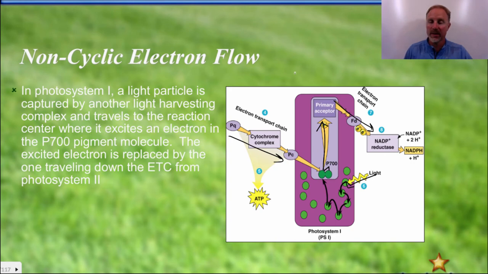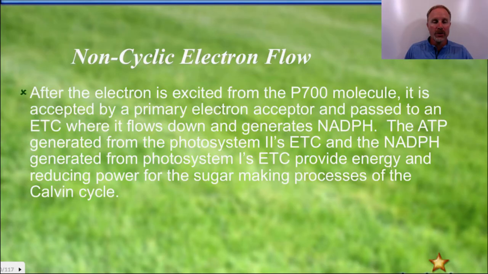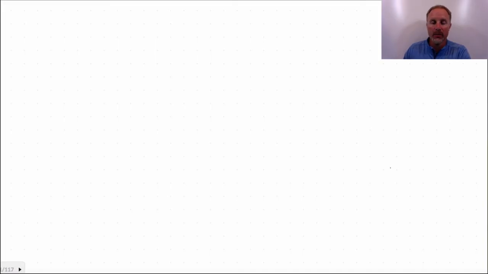So it goes to photosystem 2, down the electron transport chain, photosystem 1, down the electron transport chain. The first electron transport chain generates ATP. The second one generates the NADPH, which is the reducing power. After they transfer and flow down, this gives us the products we need, the NADPH and the ATP for the Calvin cycle to help make the sugar.